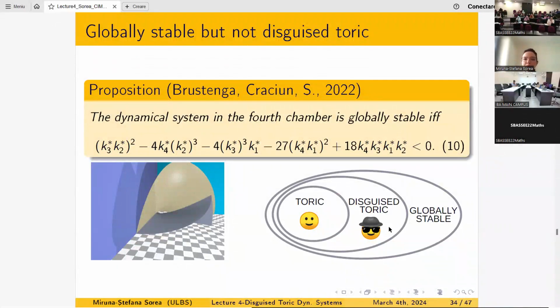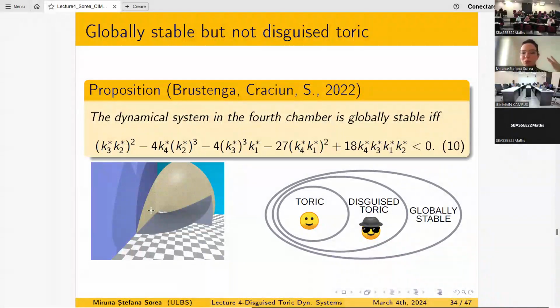It turns out that the gray surface here is the surface such that above it there is precisely one equilibrium for your systems. So all the points in the parameter space above the gray surface in the positive orthant give rise to a unique equilibrium point that is globally stable.